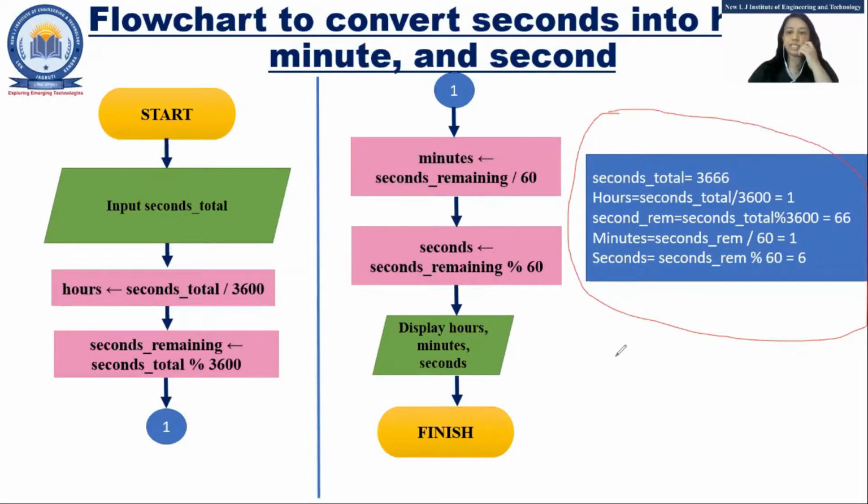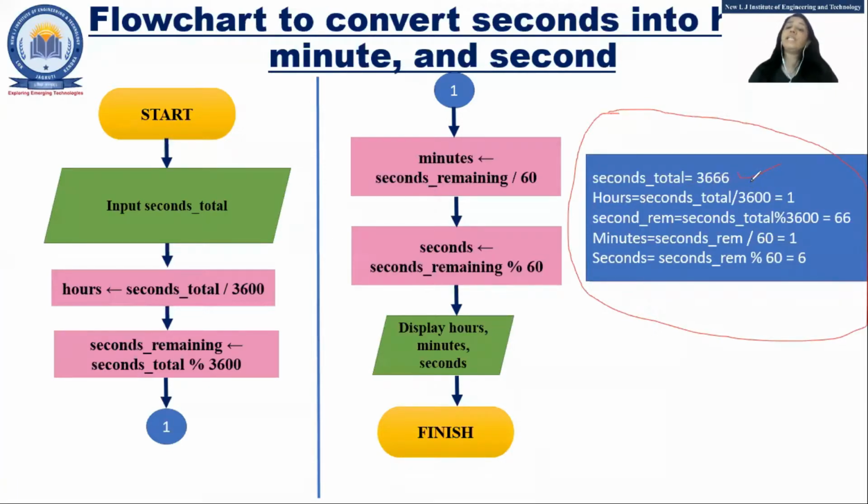First we'll understand the concept in theory. So I will be having one number, and that is total seconds. So you can see I will be having seconds as 3665. Again repeating, I will be having total seconds, that is 3665.